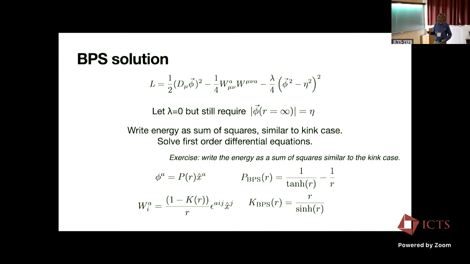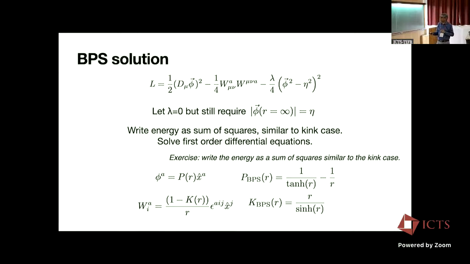And what they do is they say, let's take lambda to be 0. So you get rid of this, but you still require that the magnitude of phi at infinity is eta. And then you can write the energy as the sum of squares, as we did in the wall case, and then you have to solve first-order differential equations. And if you want another exercise, you can try writing the energy as a sum of squares.